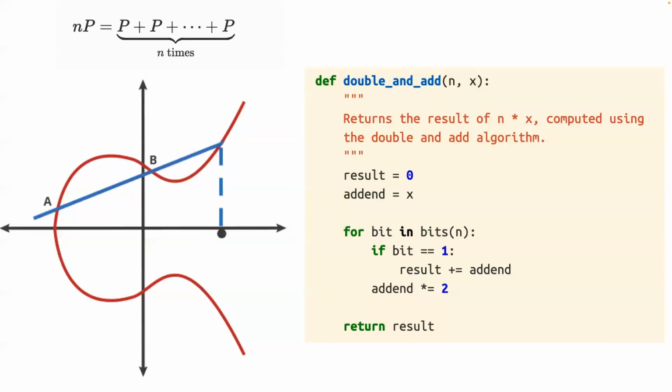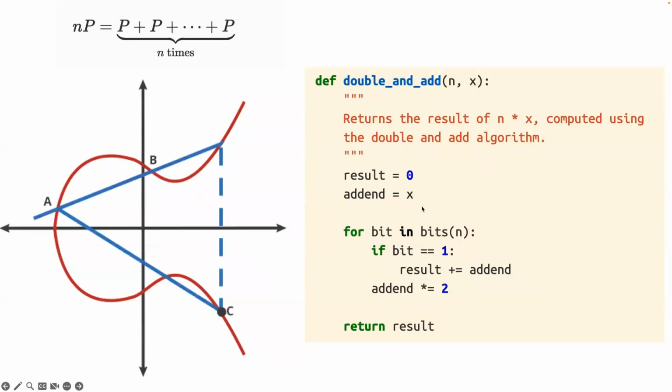Yeah. So you only have to do, using the computer term, logarithmic complexity, instead of linear in terms of n. So this is the algorithm we showed on the right here, pretty much. With double and add, if you want to compute n times x, you don't just multiply it n times.